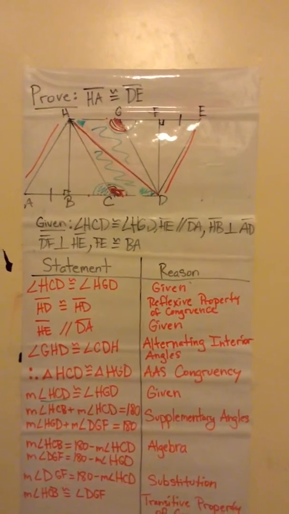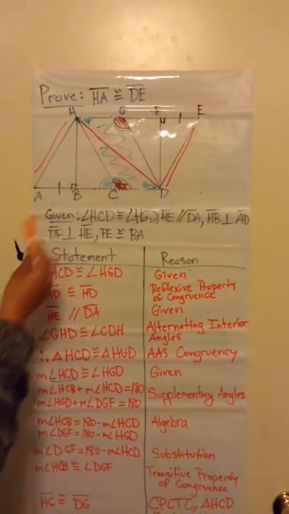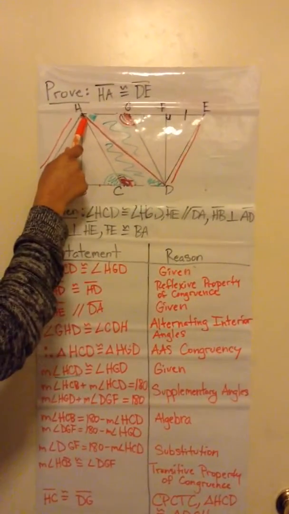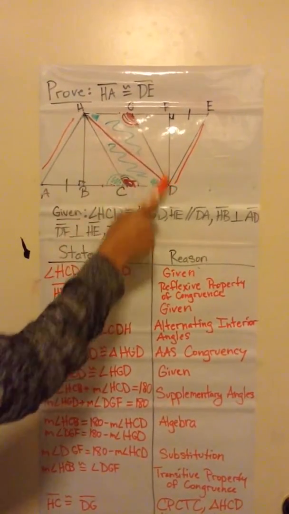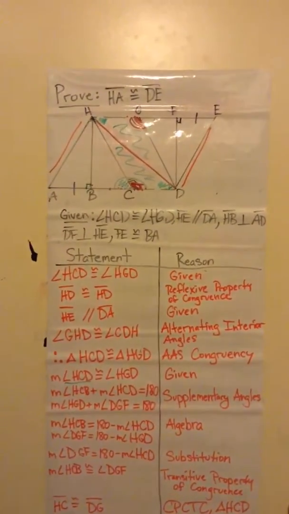Now, because of algebra, we can say that if I subtracted the value of HCB from 180, the outcome would be HCD, and the same for these two angles.